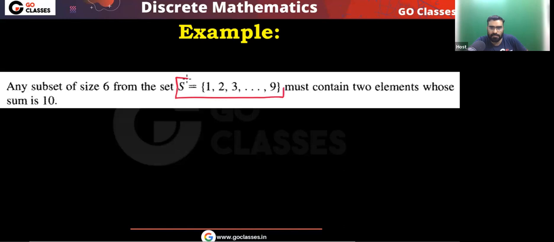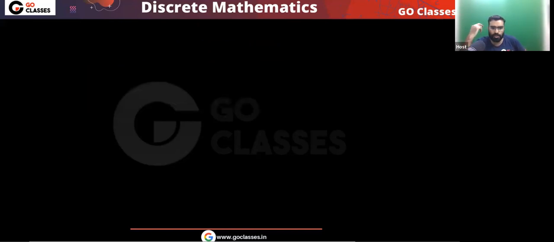The question is saying that whatever subset you create of size 6 from this set will definitely contain 2 elements whose summation equals 10. Let me ask you this. If you have this set, let's assume these are the numbers from 1 to 9.